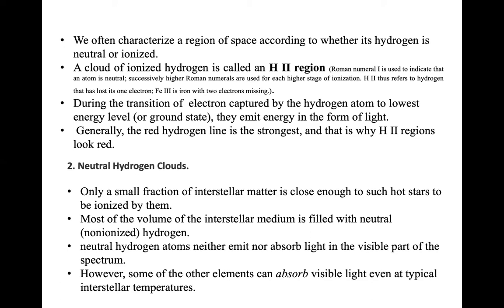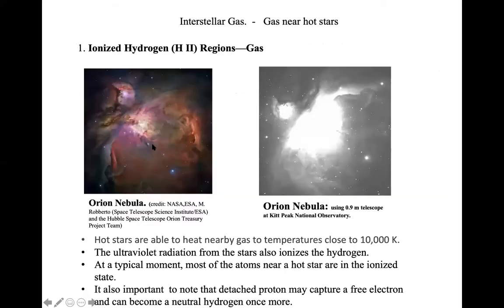Generally this light corresponds to the very red hydrogen line, which is the strongest, and this is why these H II regions look red. In the image on the left-hand side, you can see a lot of red color, so that is why it looks red.